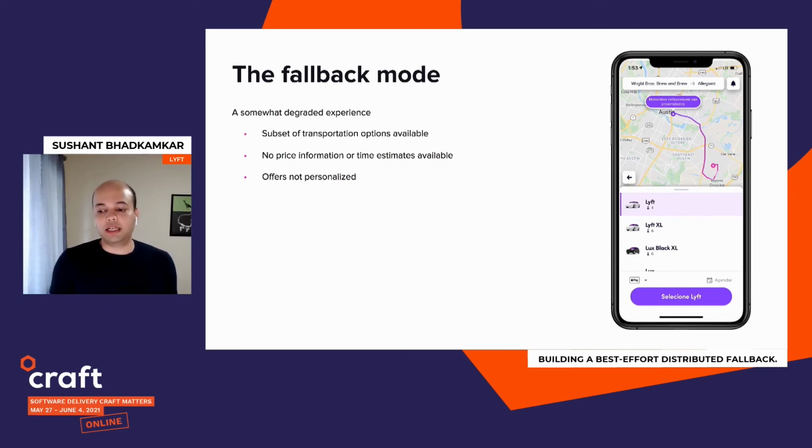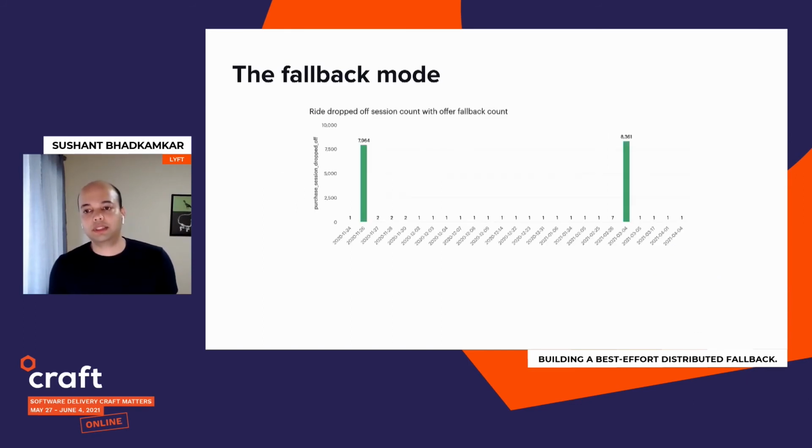So we don't run some of the other complex logic that runs in other parts of our stack when we see an issue. So this does work as expected. The users can still request any of these, use any of these offers and request rides, and it continues to work.